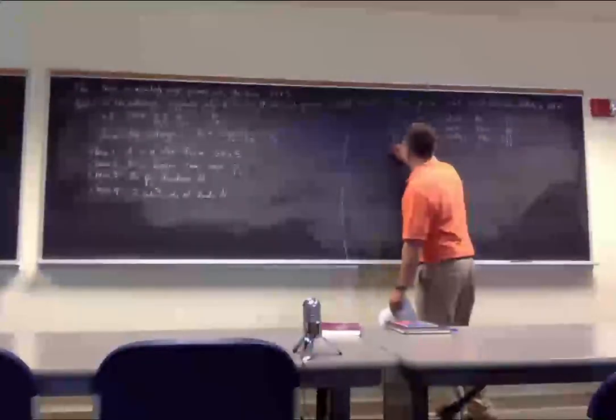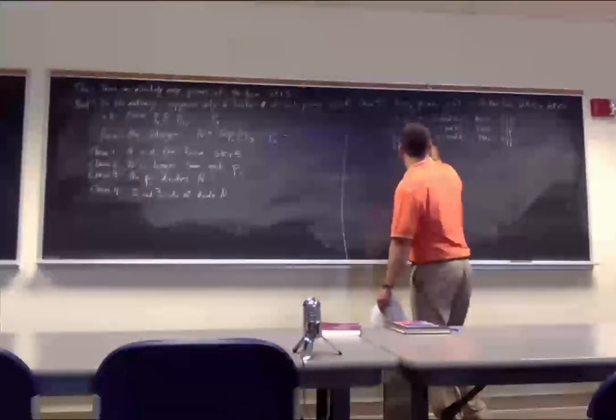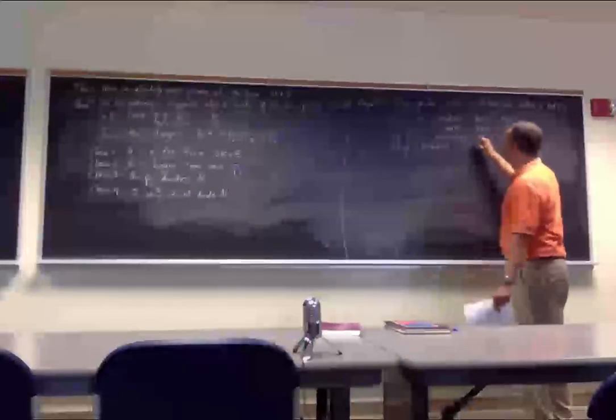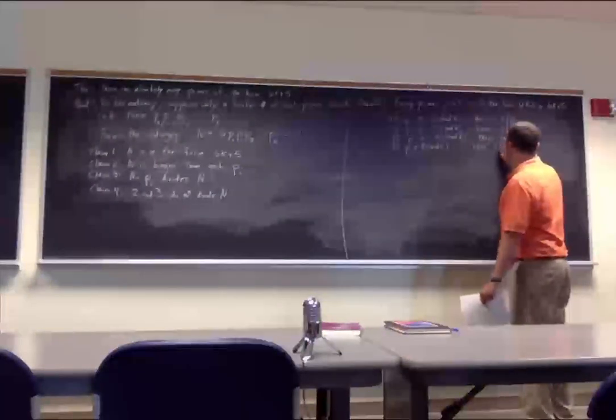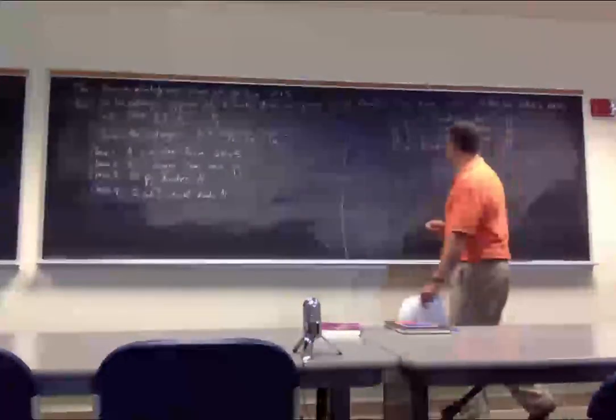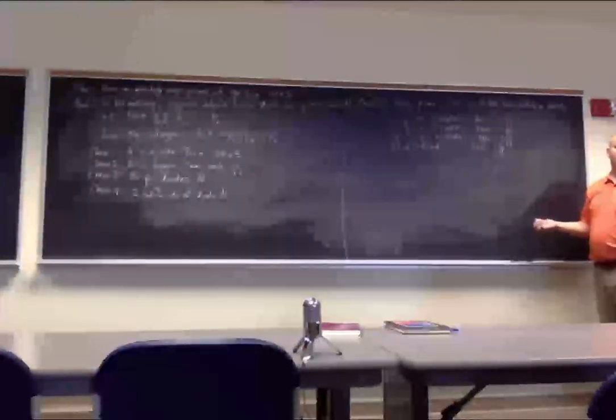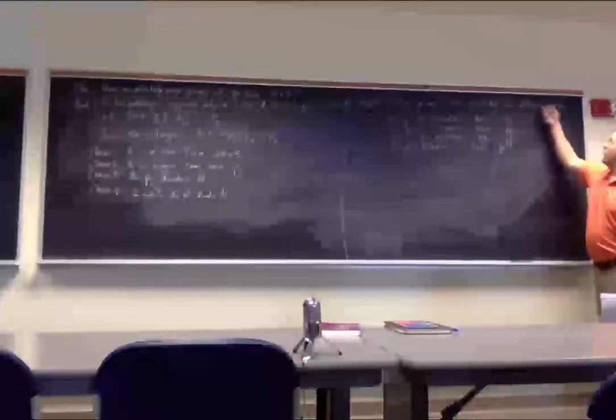If p is 4 mod 6, then p is even again, so 2 divides p. So that takes care of all those 4 cases. So the only cases left over are 1 mod 6 or 5 mod 6.